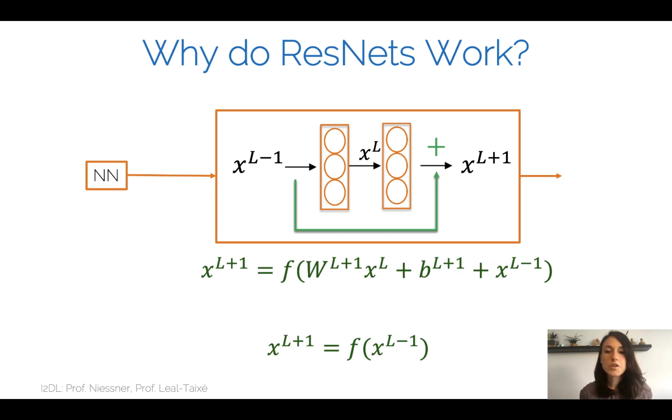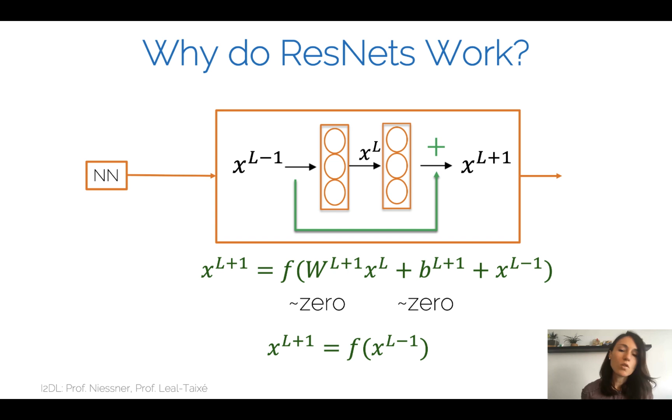So the operation that we compute in this block is depicted by these formulas, which we already talked about before. And remember that here we have the skip connection. We have this copy of the X_{L-1} output skipping these two layers and going directly to the output X_{L+1}. So now let's assume that these two values, for whatever reason, are 0.